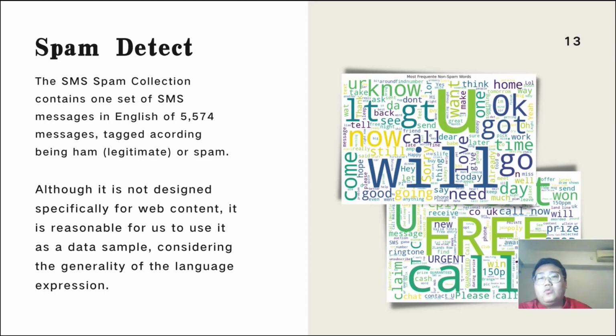First of all, we show our dataset here, and these two word clouds show high frequency words. You can see that you, it, okay, will, these words appear frequently in non-spam messages, which is in line with our language habits.